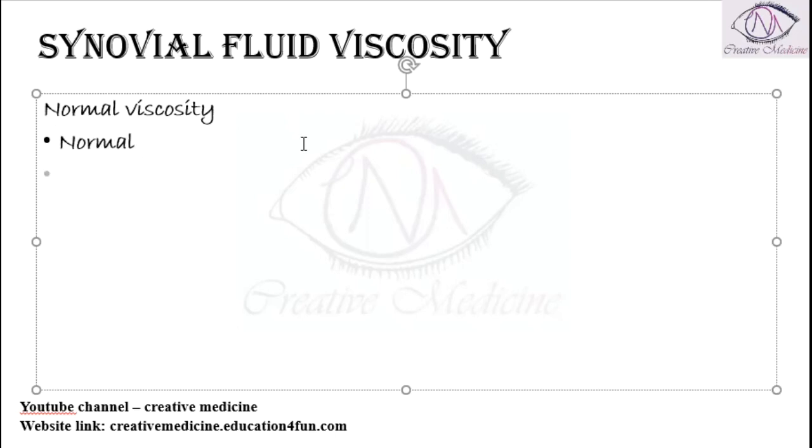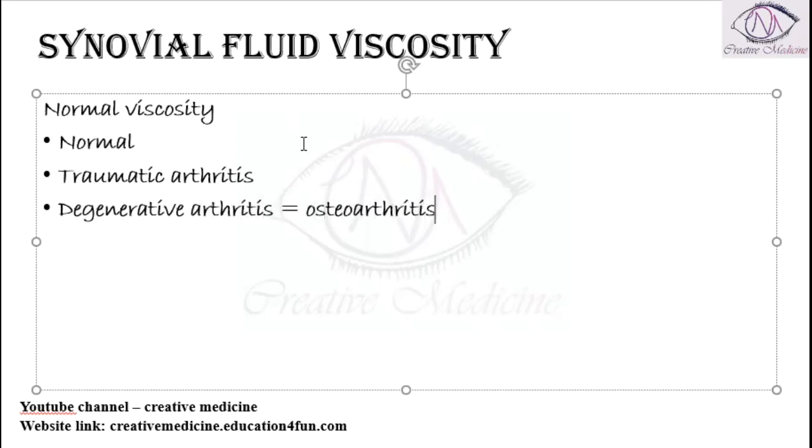Normal viscosity of synovial fluid is seen in normal conditions or in traumatic arthritis or degenerative arthritis like in osteoarthritis. There will be normal viscosity. In pigmented villonodular synovitis, you will see normal viscosity of synovial fluid. It is seen in normal conditions, traumatic arthritis, degenerative arthritis and pigmented villonodular synovitis.